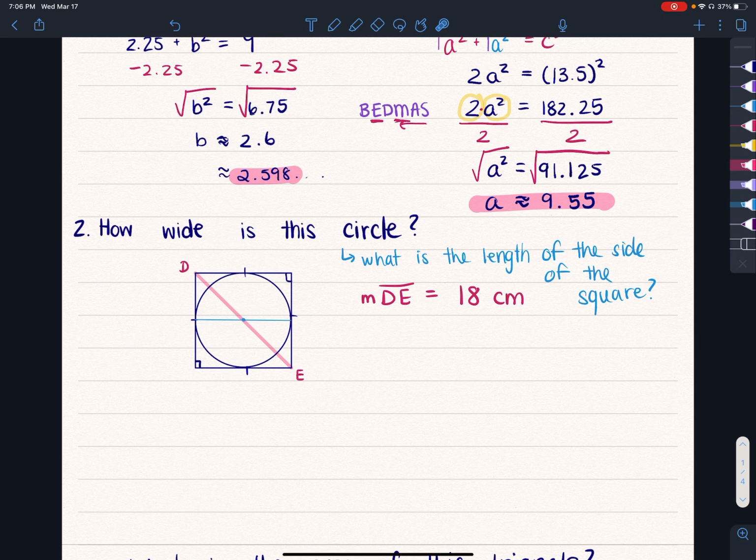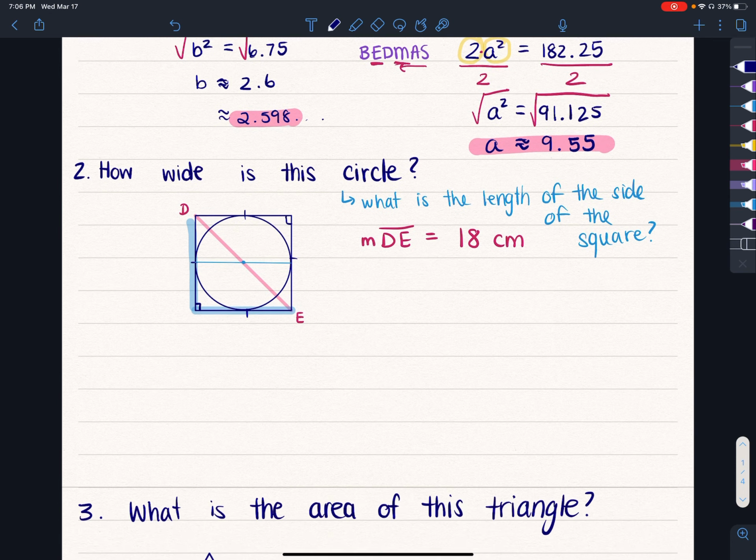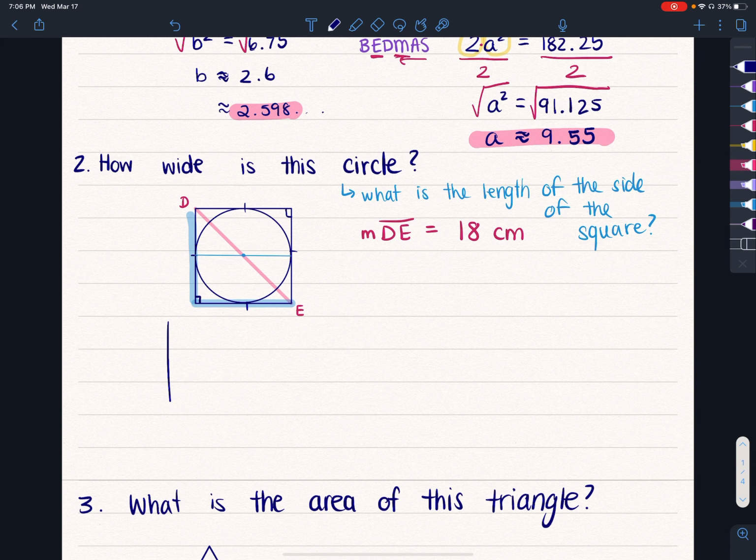So now that I know I'm looking for the side of the square, and since all the sides are the same, I see something happening here. There is a triangle that I can pull out of this entire problem.